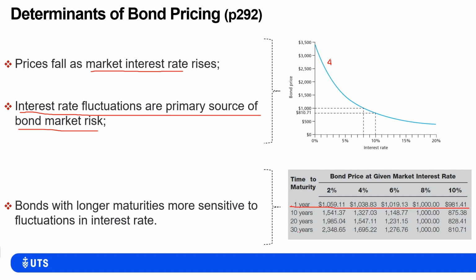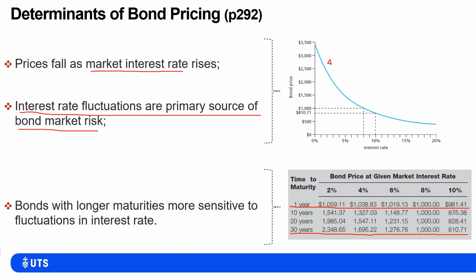But the 30 years bond experiences the highest reduction in price when the market interest rate increases from 2% to 10%. So the 30 years bond is actually the most sensitive to interest rate changes.